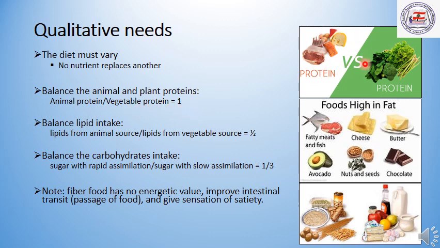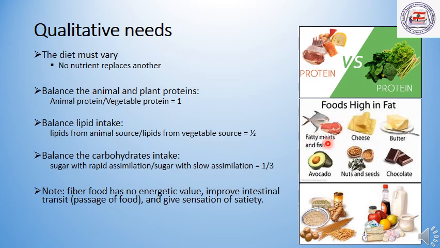So the amount of animal proteins in the diet must be equal to the amount of the vegetable proteins. Another condition to have a balanced diet, one must balance the lipid intake according to this ratio. Lipids from animal source divided by the lipids from vegetable source should be equal to half.